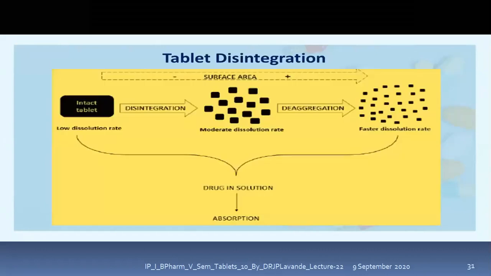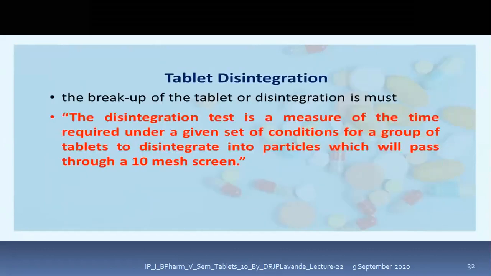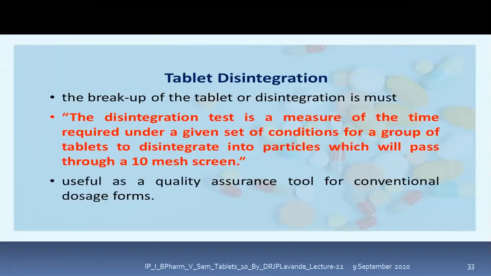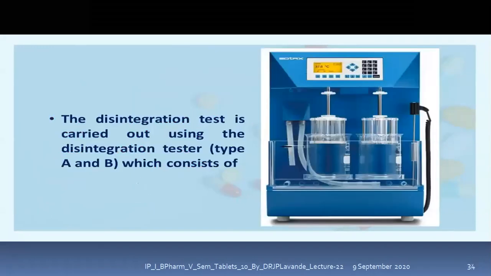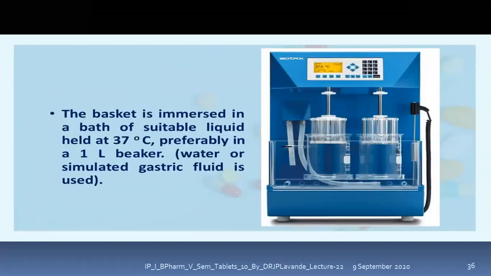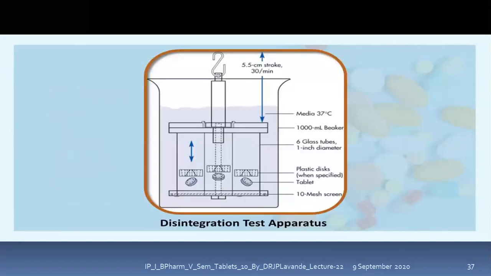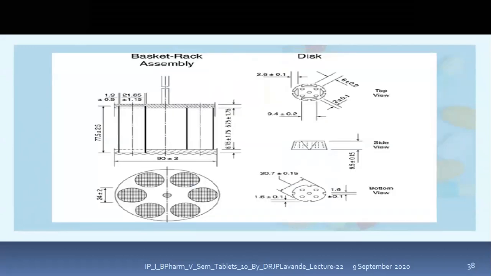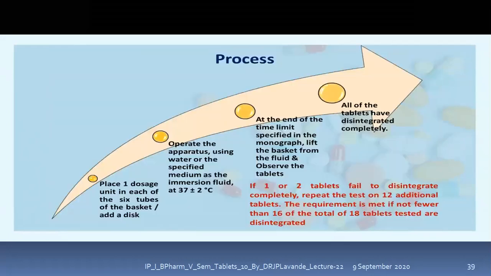Later we saw the disintegration, and while studying it we had defined disintegration, the verbatim word-to-word definition. This is the apparatus used for the process of disintegration, which we already went through. It consists of 6 plastic tubes, and its volume, construction measurements and specifications we already saw in our previous lecture.